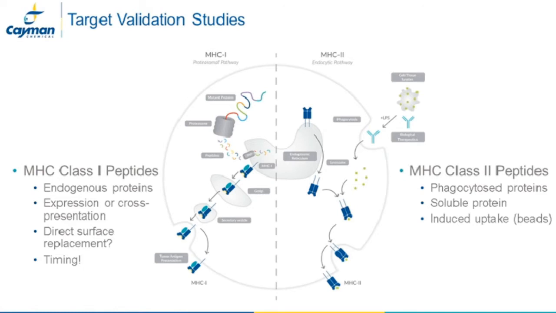So for target validation studies, a potential neoantigen would need to be validated before it can be used in downstream applications. And for this, there are many possible approaches to consider. Class 1 peptides are derived from endogenous proteins, which are broken down by the proteasome on the left side of this figure, and transferred in through the TAP protein into the ER for loading into the MHC class 1.